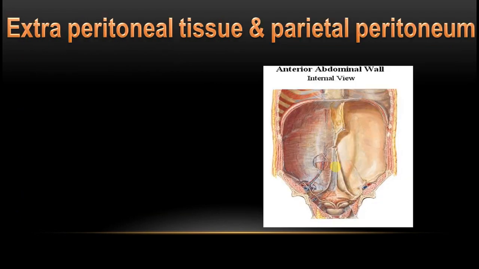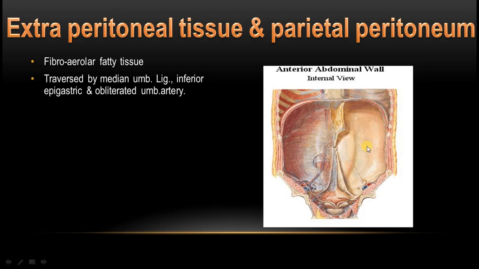Then a few points about the extraperitoneal tissue and the parietal peritoneum, fibroareolar tissue. Now, most of the organs are actually extraperitoneal. Okay. So I will discuss how it is extraperitoneal, because most of the books give it as intraperitoneal.